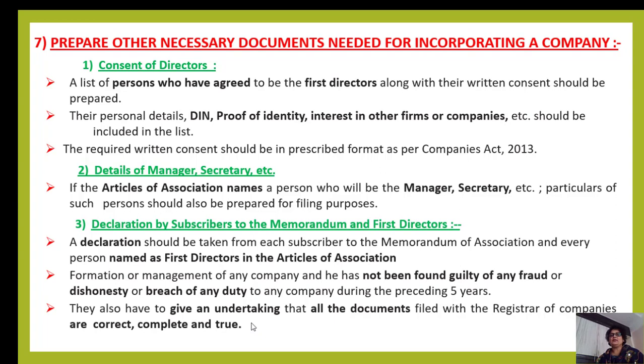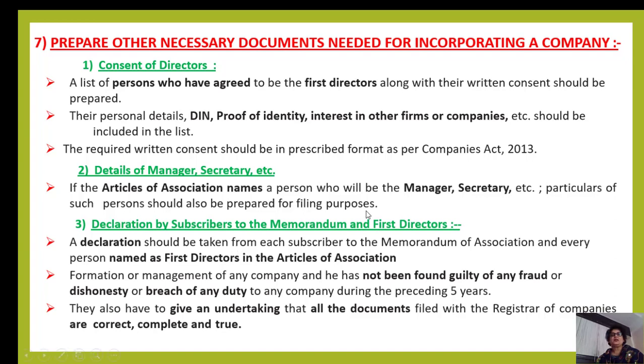All documents are filed with the Registrar of Companies, who checks that they are correct, complete and true. So when we incorporate and register our company, these 3 points are important. These are the needed documents.